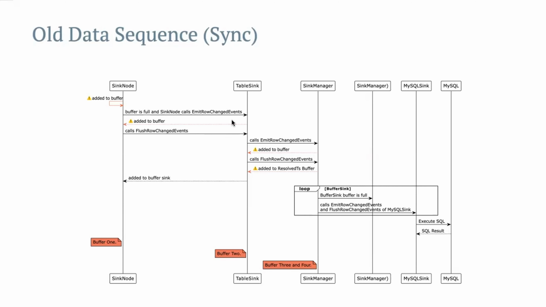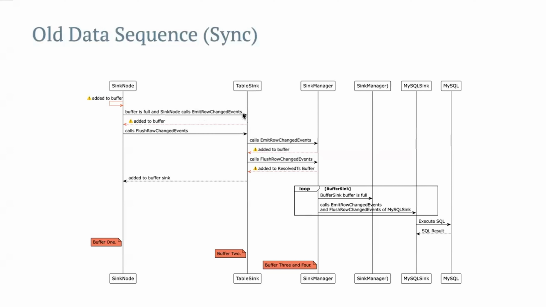Right now you can flush that data to the downstream because there is no data after this timestamp. So we use this kind of timestamp to flush our row events. Here we call the flush row events function of a table sync. The table sync then calls the sync manager to emit the row events and flush the row events.